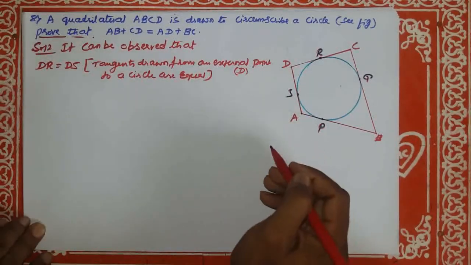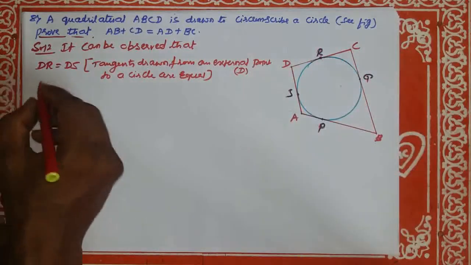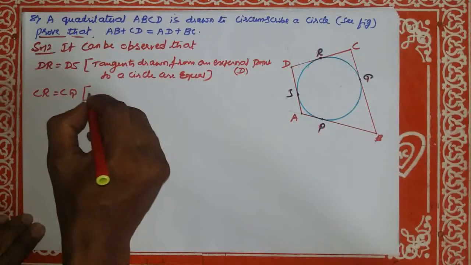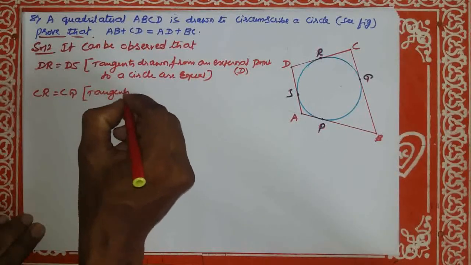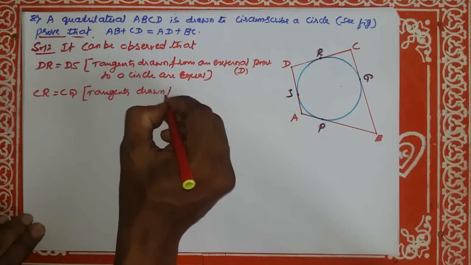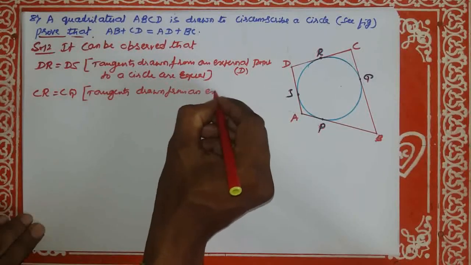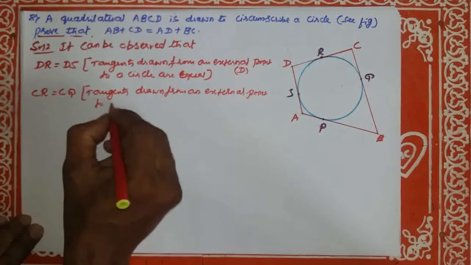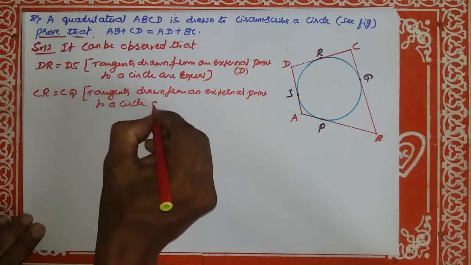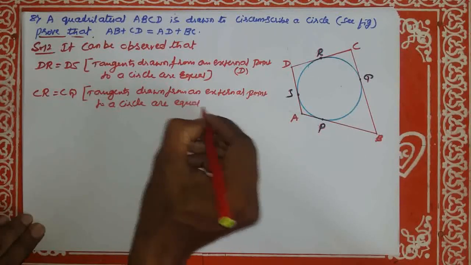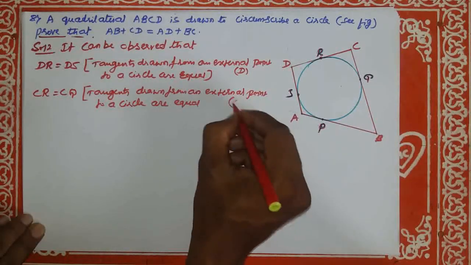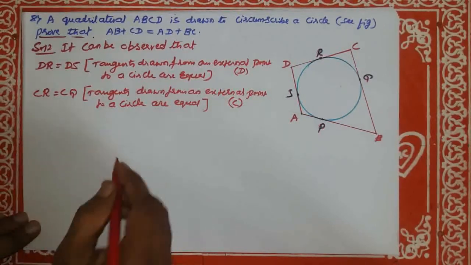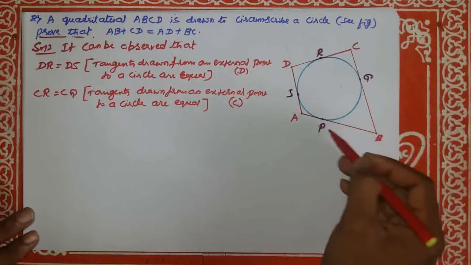Next we can take CR is equal to CQ. This is also the same: tangents drawn from an external point to a circle are equal. The external point is C. Next we can take BP is equal to BQ.